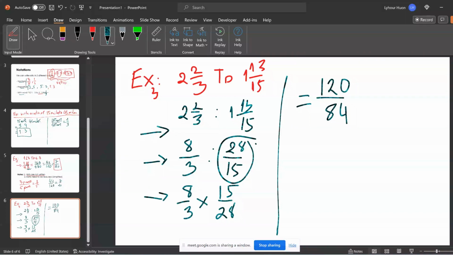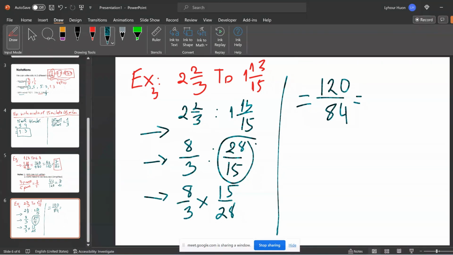And then we need to simplify them. Do we divide by 2?